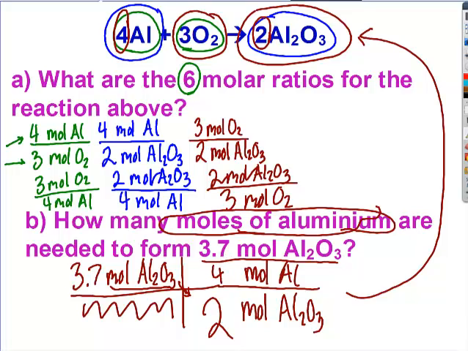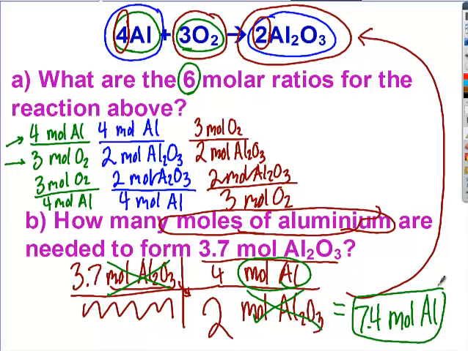Let's cancel out our units. I have mole of Al2O3 right there, and a mole of Al2O3 right there. So my final answer will be in moles of aluminum. Multiply the top 2 numbers, divide by 2, and you should get 7.4 moles of aluminum.